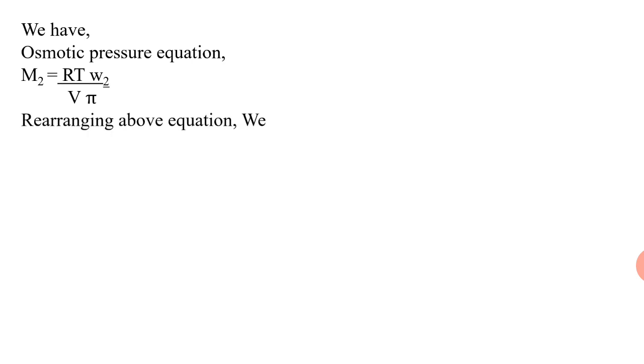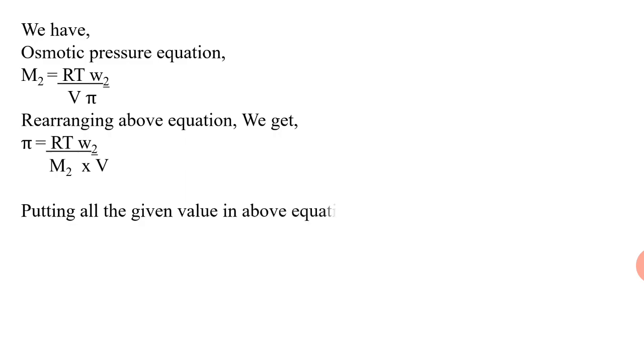Rearranging the above equation, we get pi is equal to RT into W2 divided by M2 into V. Putting all the given values in the above equation, we get pi is equal to 300 into 8.314 into 0.6 divided by 60 into 0.1 into 10 raised to minus 3 meter cube.